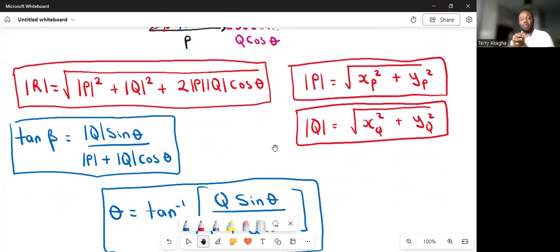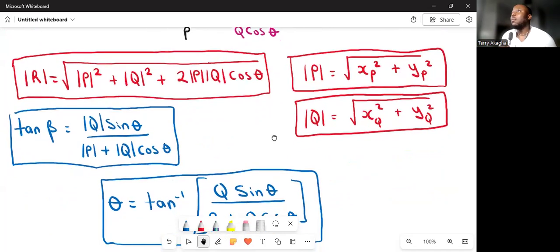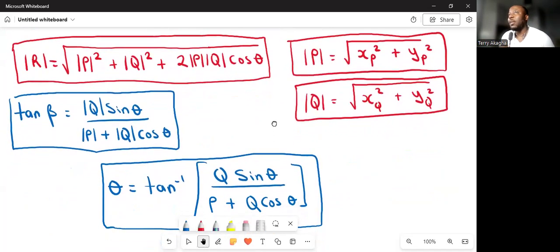But in some, you have to memorize it, so make sure you check with the examination you're writing. Basically, this is how you find the magnitude of R, tan beta, or theta itself. Okay. All right, so that is that.